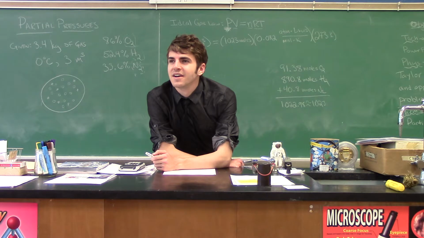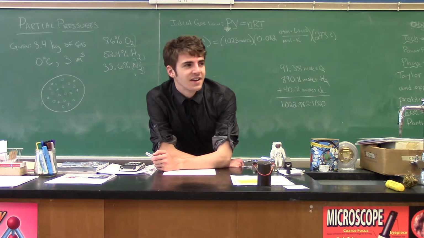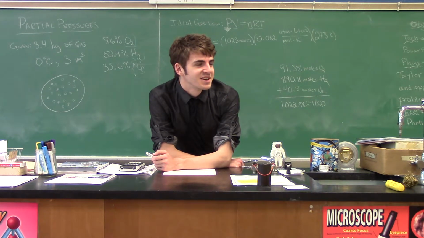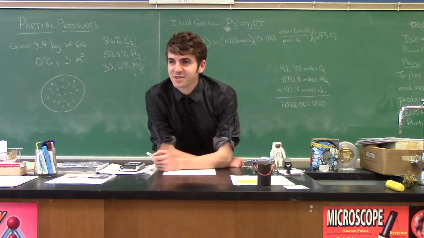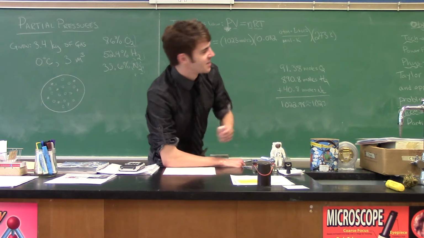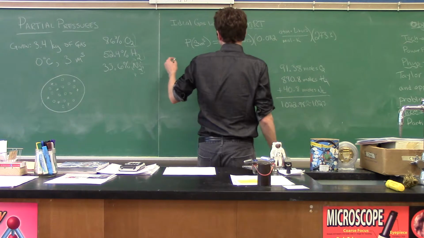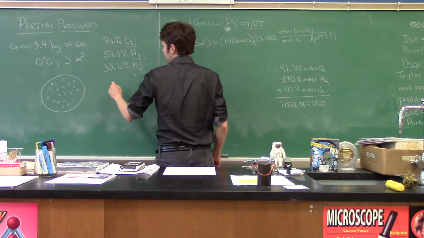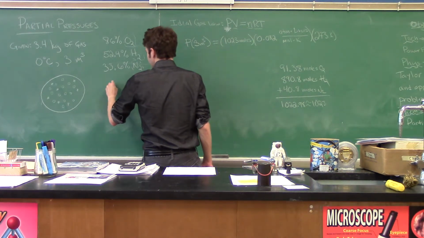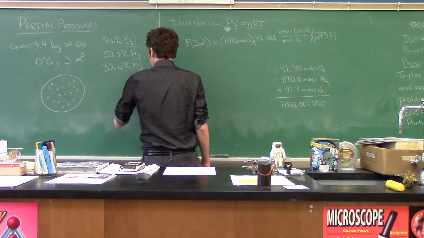One cubic meter is 1,000 liters. So we get 1 cubic meter per 1,000 liters. All right, so let's do that over here.